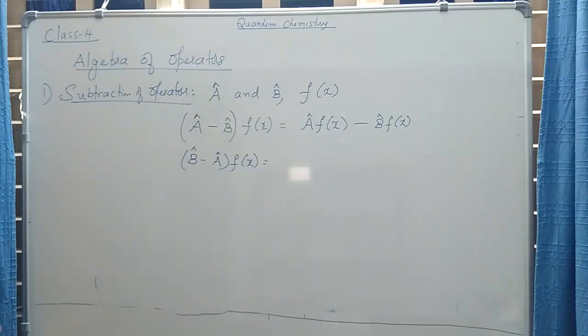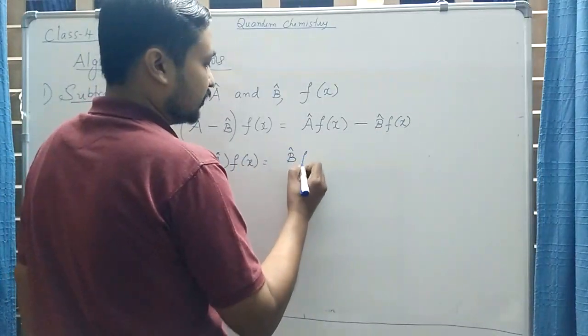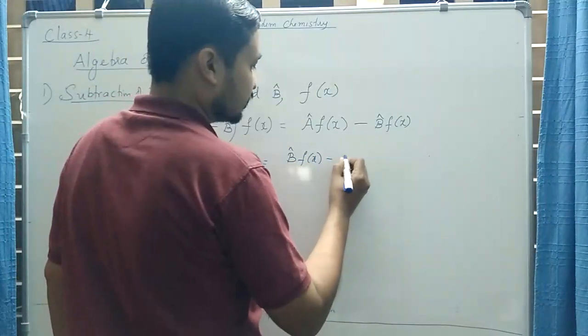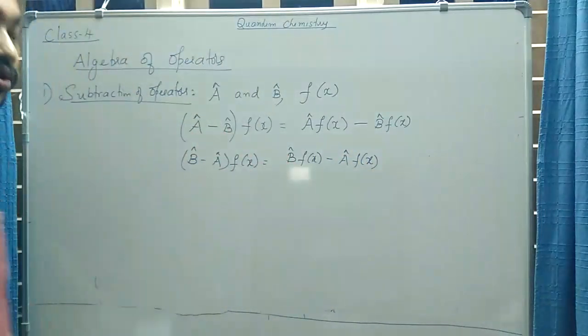For example, 2 minus 5 and 5 minus 2 do not give the same result. So here also operator A minus B and operator B minus A may not give the same result. The sequence is very important. So (B minus A) of f of x will be B of f of x minus A of f of x.